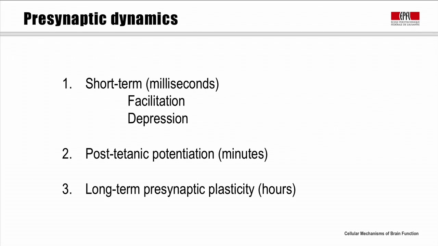The modulation of neurotransmitter release in response to activity of that same axon is called presynaptic short-term plasticity, or presynaptic dynamics. It can be thought of as occurring on 3 different timescales, which also relate to 3 different mechanisms that are at play in the presynaptic terminal.